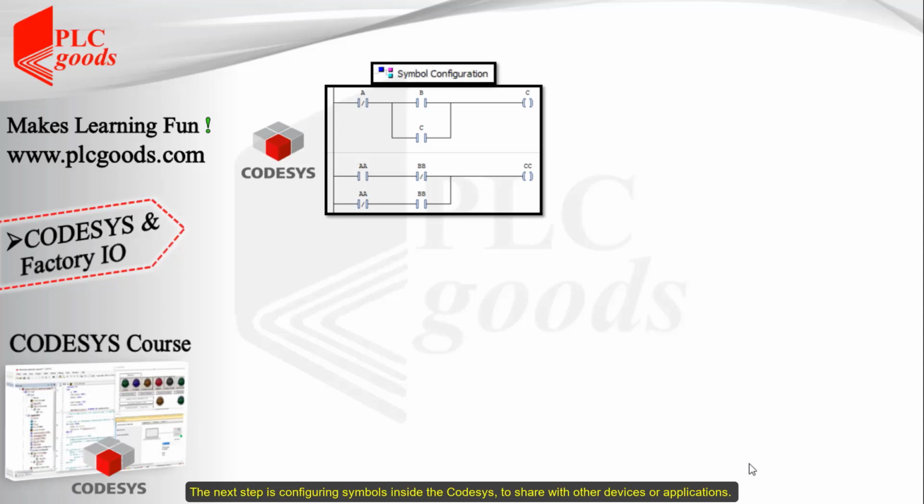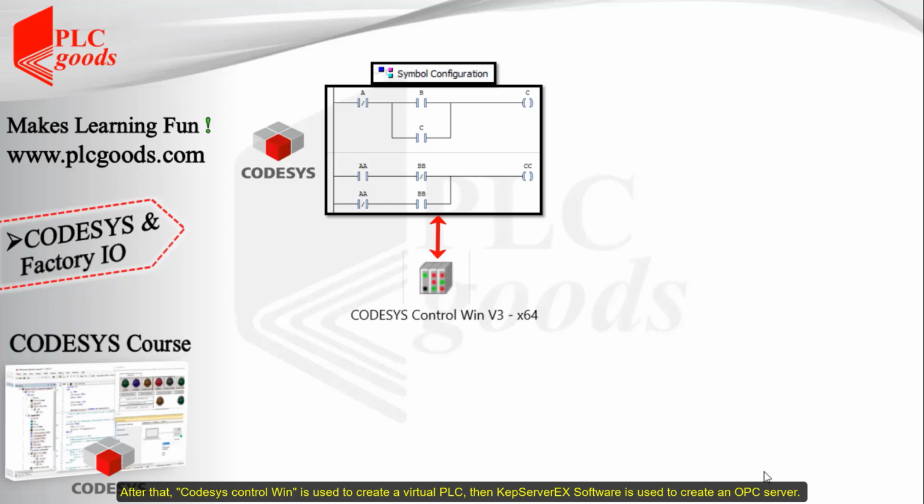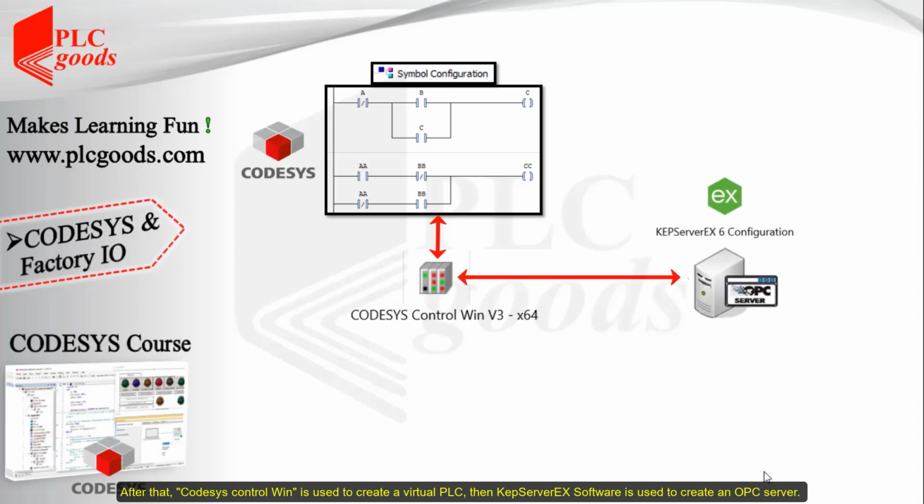The next step is configuring symbols inside the CODESYS to share with other devices or applications. After that, CODESYS Control Win is used to create a virtual PLC. Then KepServerEX software is used to create an OPC server.